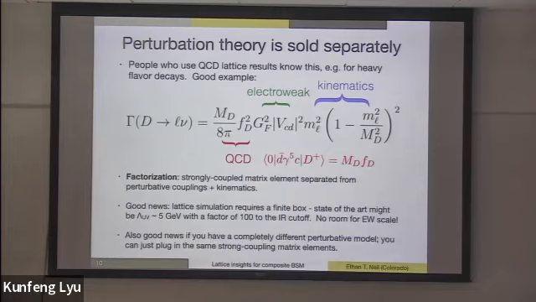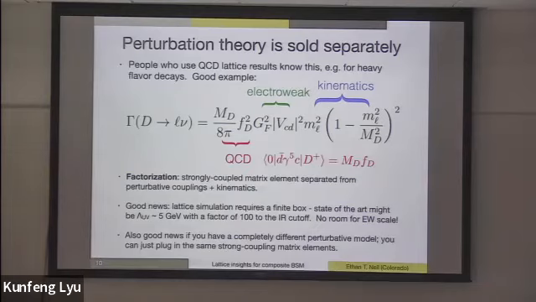So I'm showing in red here the QCD matrix element. That's what defines f_D, just the overlap of the D meson with the quark current that then couples to the electroweak. And the key physics idea here is factorization, that you can do this separation. You can separate the strongly coupled matrix element from all the perturbative coupling, all the kinematics, and you get the right answer. You can treat them separately.